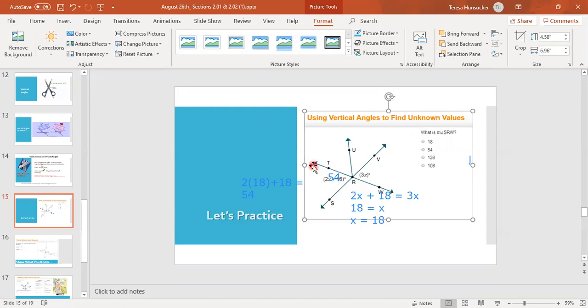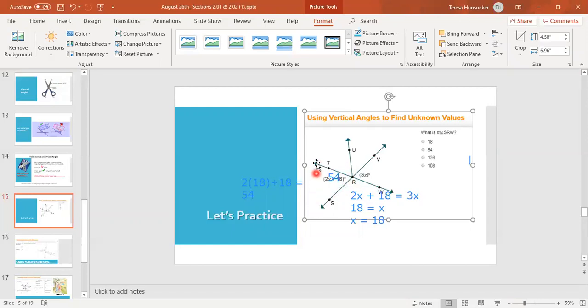Because look at straight angle TRW and look at the endpoint of ray RS, point R. These two angles share a side. They are not opposite one another. They are not formed by intersecting lines.